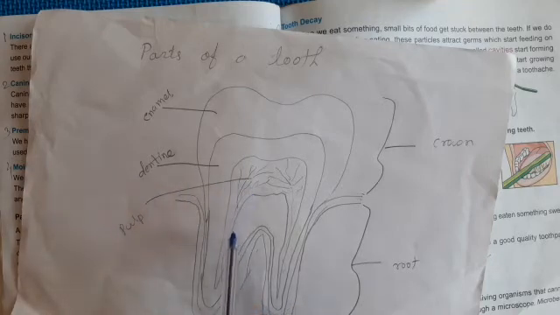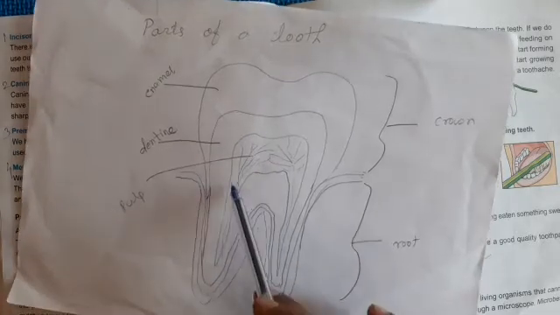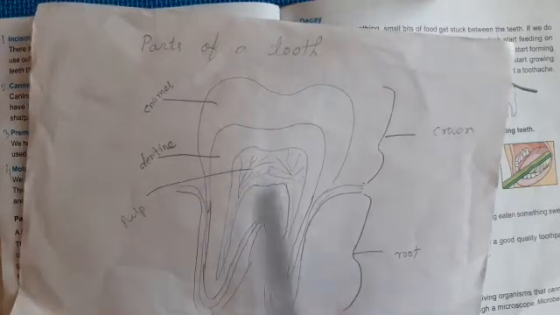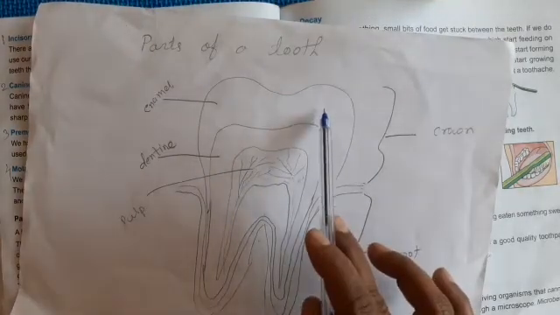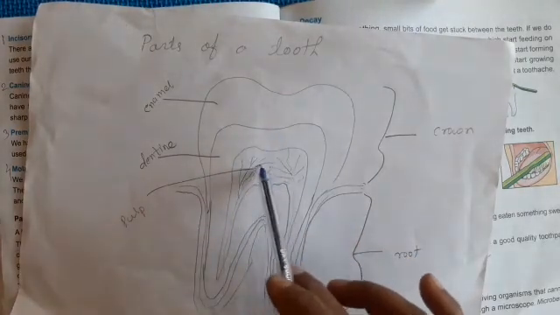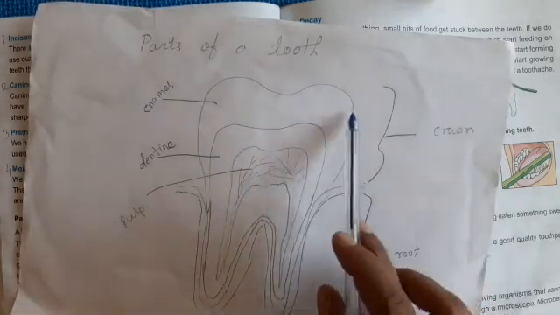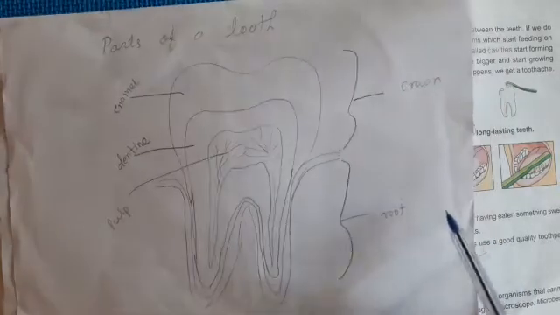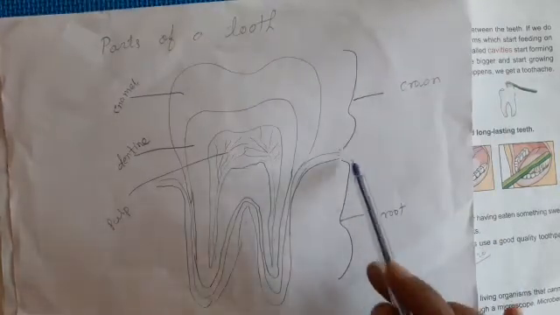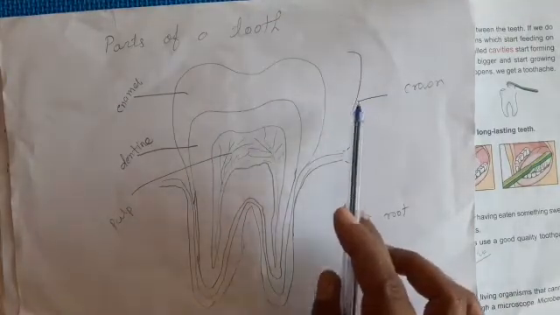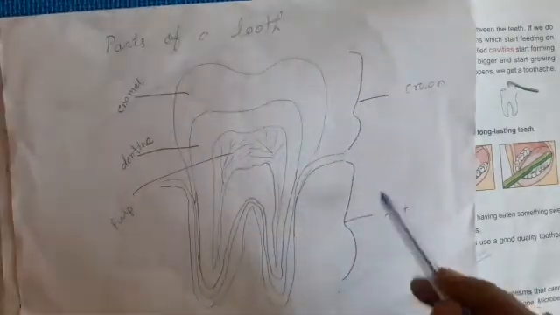In the pulp, blood vessels are there. These are the sensitive blood vessels. When enamel cracks, dentine also gets cracked and we feel the sensation, toothache started. The upper part is called the crown, the white part, and the lower part is called the root, below the jaw.